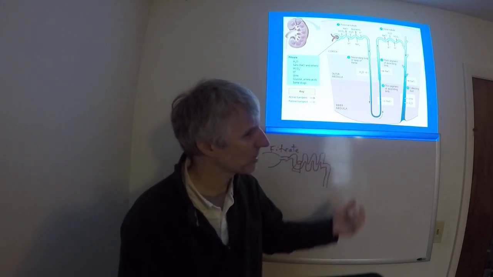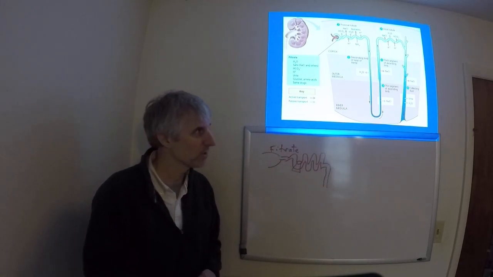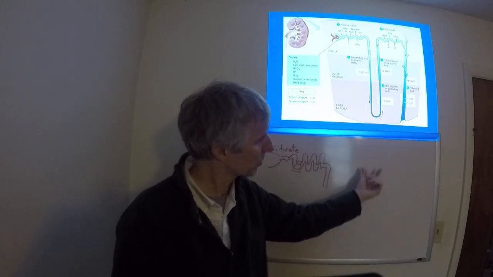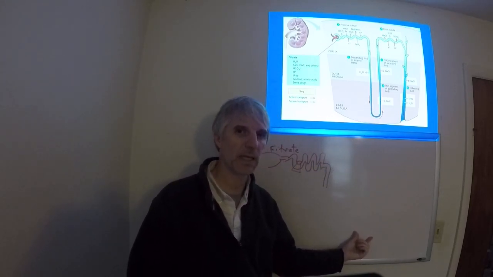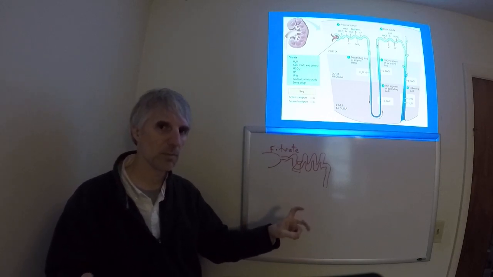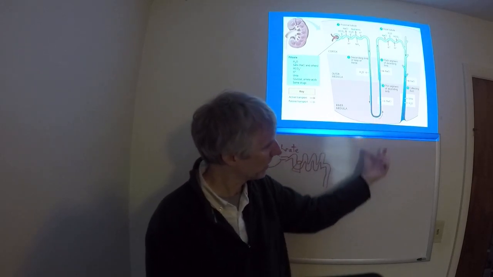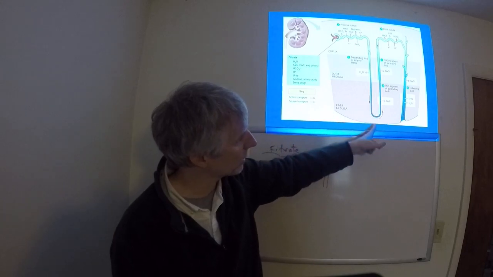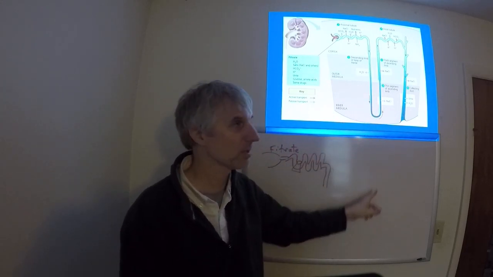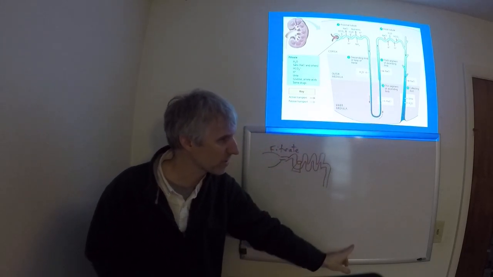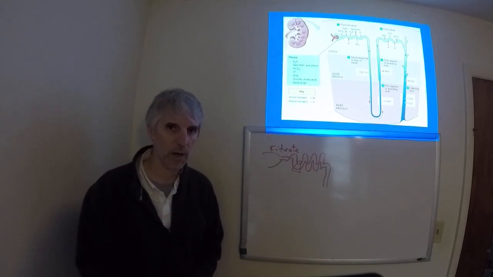And then you can imagine in those birds and mammals where these loops descend very deeply into the medulla, these juxtamedullary nephrons, that gives us more of a chance to adjust water balance because we've got more surface area across which to move the water.